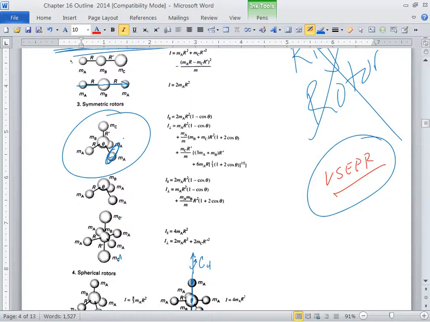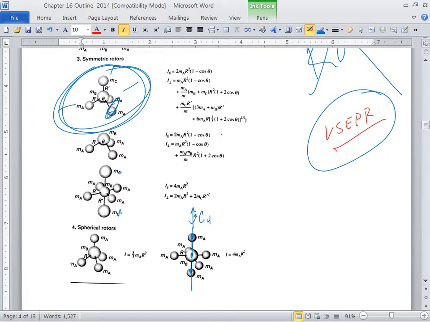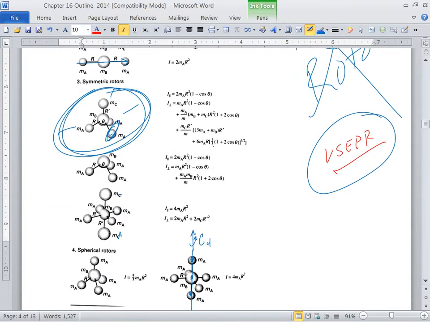Well, this molecule's perfectly symmetric, so you can't really tell. It could have come in on this region, it could have come in this region. It has completely isotropic polarizability because that molecule is perfectly symmetric. So that's the only time you can't see Raman molecules, if they're the ones that are perfectly symmetric.